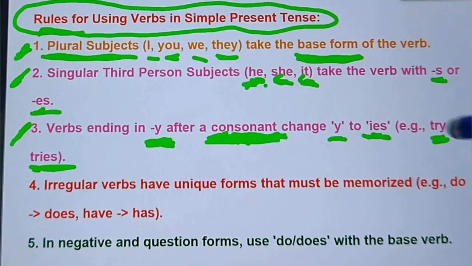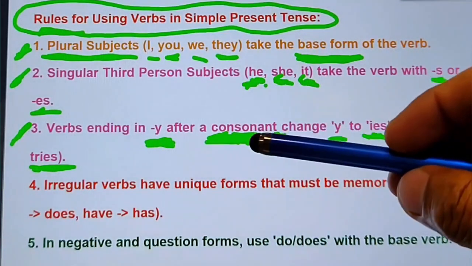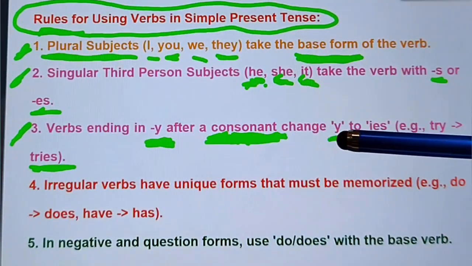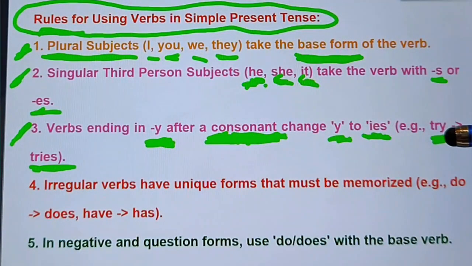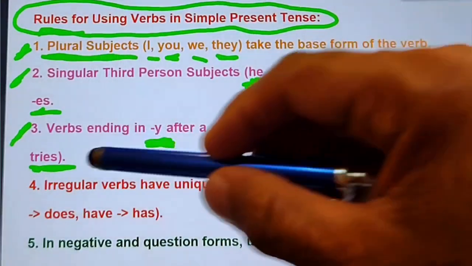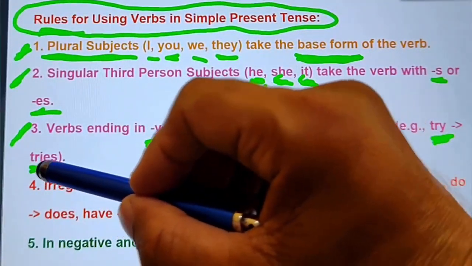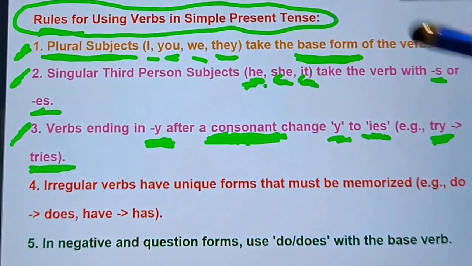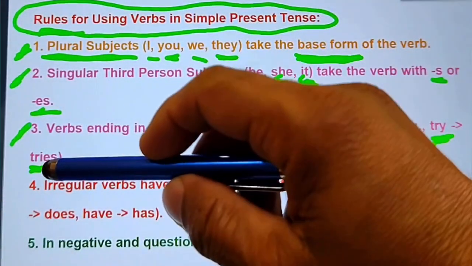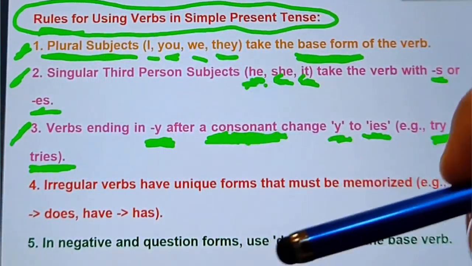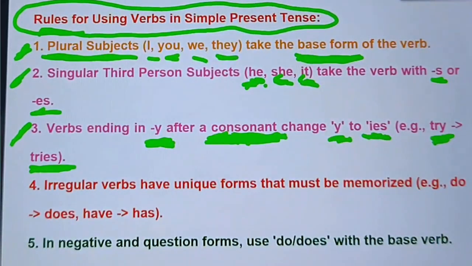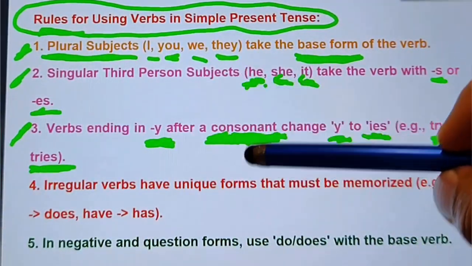Here R is a consonant in try. So before Y is R, a consonant, and the last letter is Y. So Y is changed to I, and we add es with the base form. So try changes to tries, T-R-I-E-S. This is the third rule for simple present tense while we use a verb.